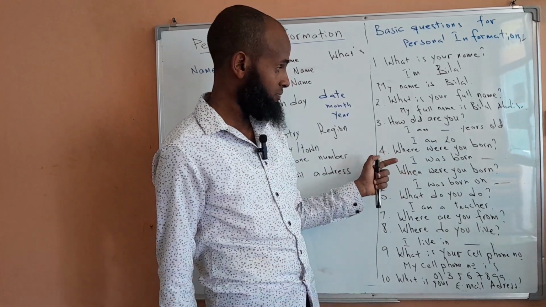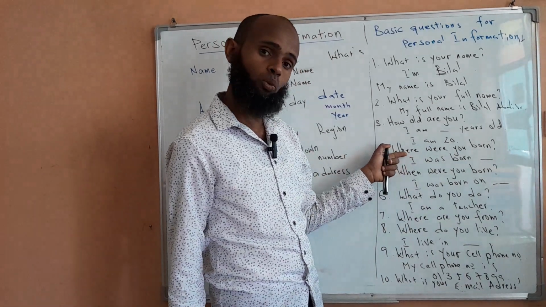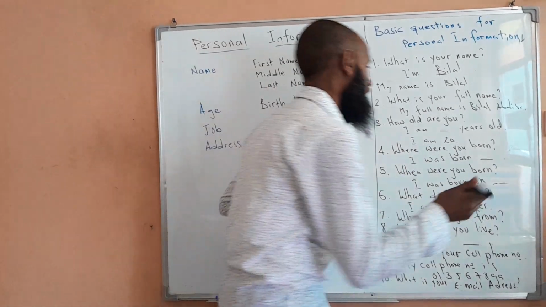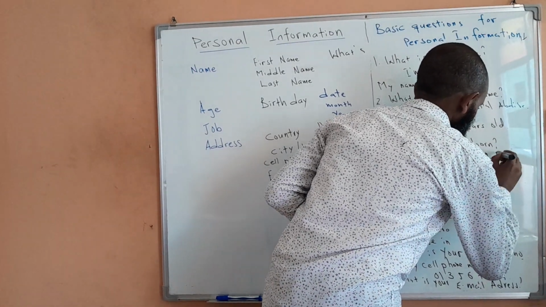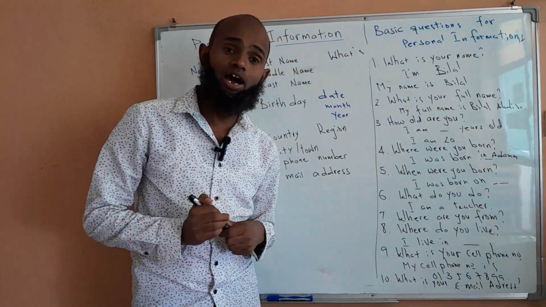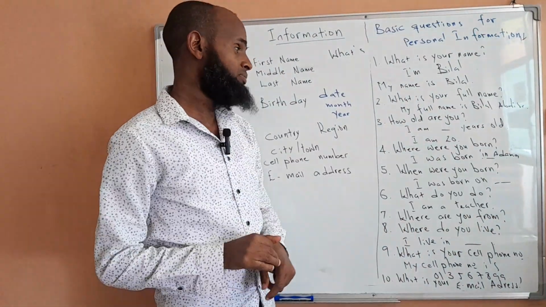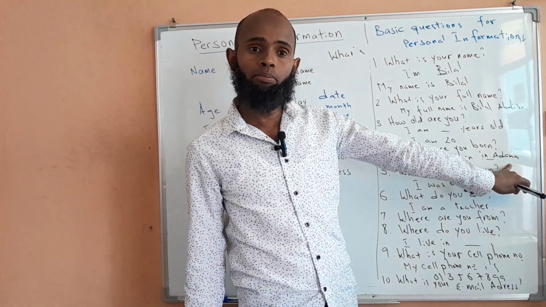So what's the answer? I was born, so it's a place, so you have to say, I was born in Adama. I was born in Addis. You have to tell the place where you were born.